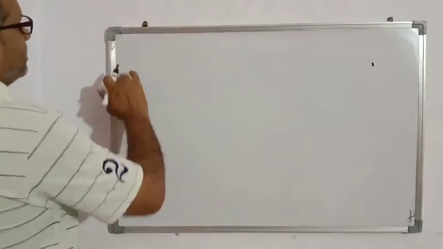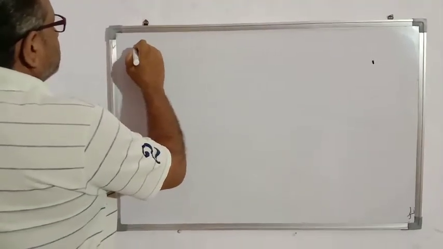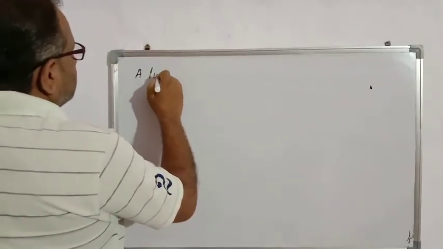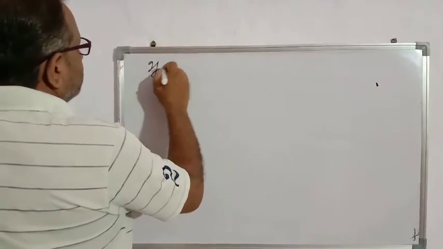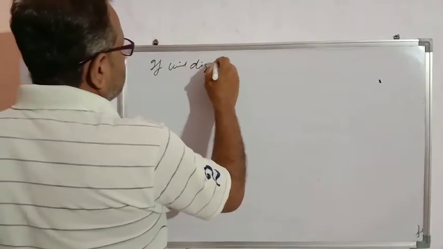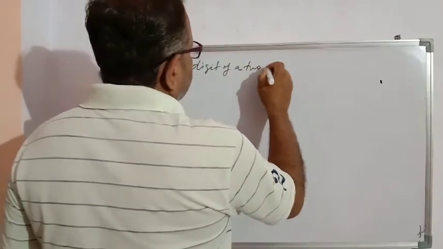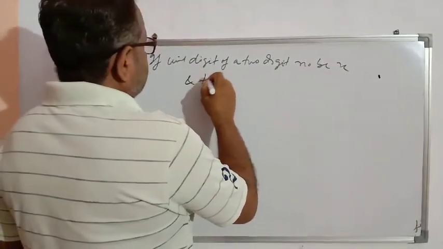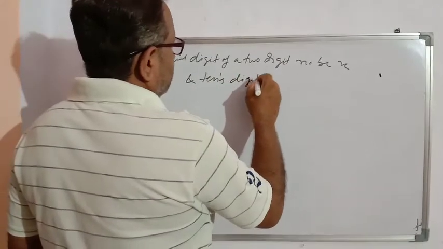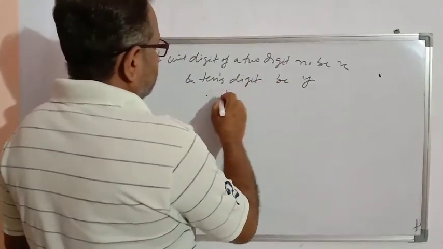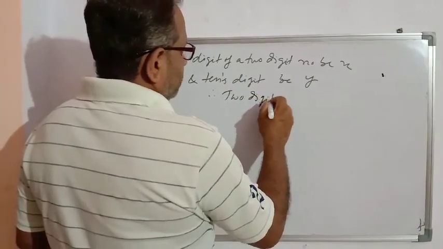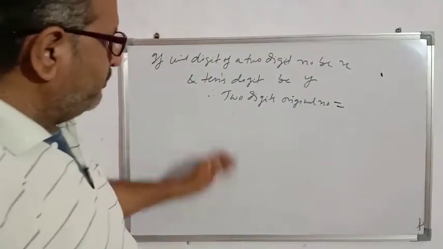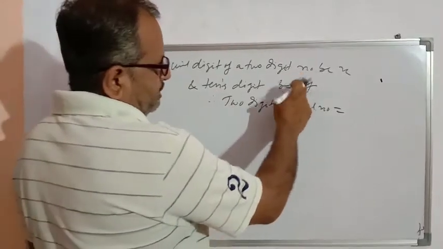Suppose there is a problem based on a 2-digit number. If the unit digit of a 2-digit number is x and the tens digit is y, how can we make the original 2-digit number? Tens digit is y, unit digit is x.